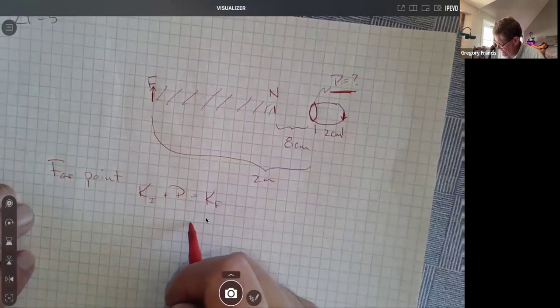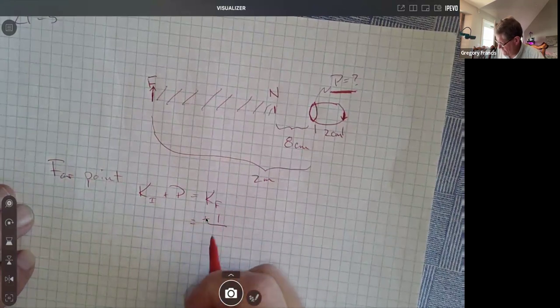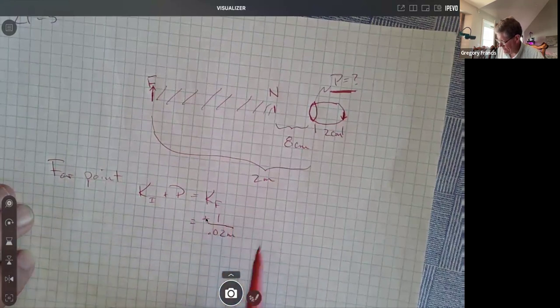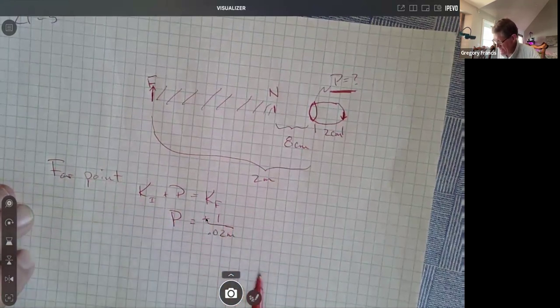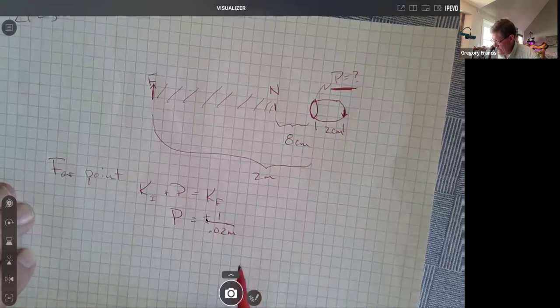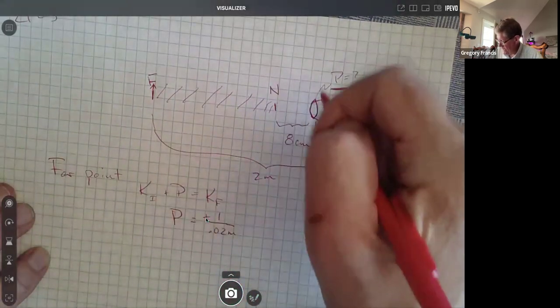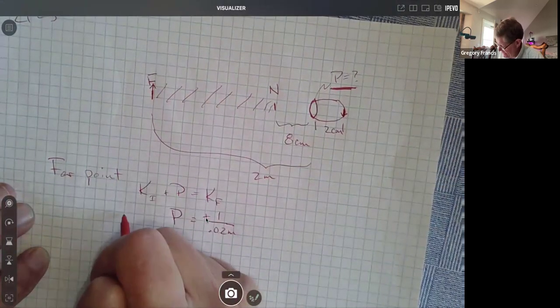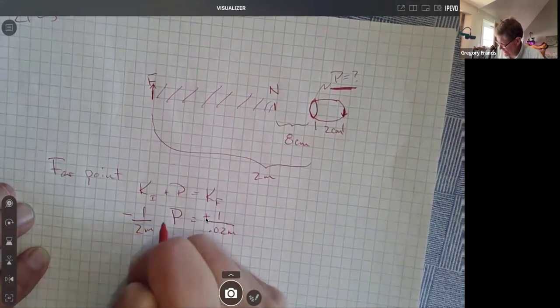And so this is going to be a positive 1 over 0.02 meters. And I'm looking for the power. My K initial is going to be negative, and that's because light would be spreading out from the object there. And so that's going to be a negative 1 over 2 meters.